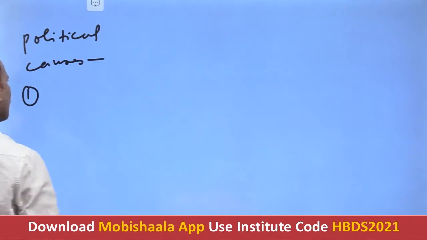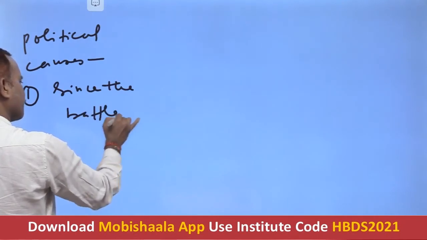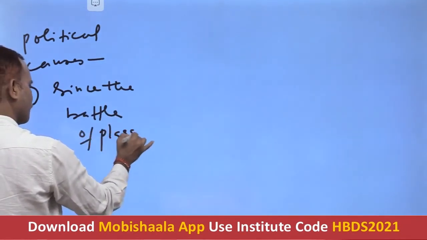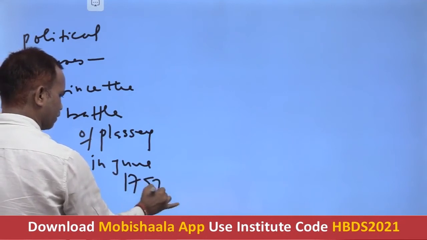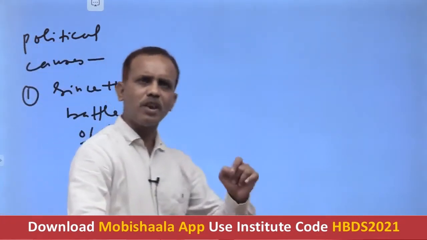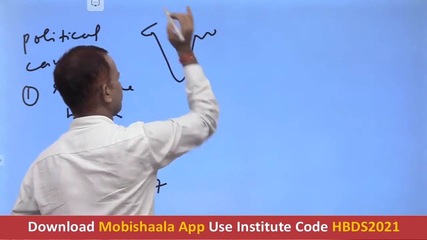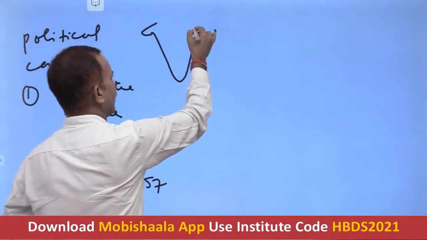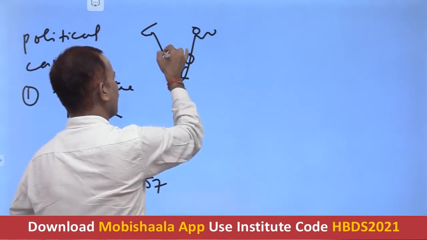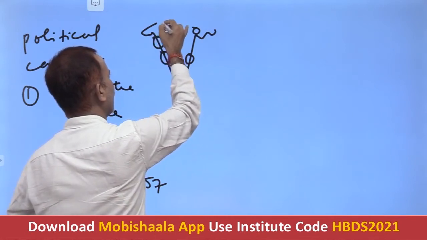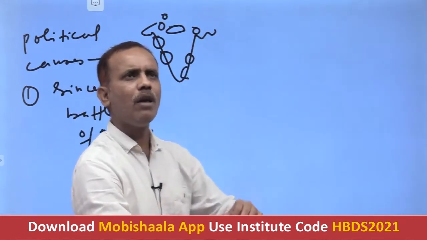Number one, since the Battle of Plassey in June 1757, the British company conquered almost all parts of India, like Bengal, like Hyderabad, Karnataka, Mysore, Maratha, Rajputana, Central India, Punjab, almost all regions of India.